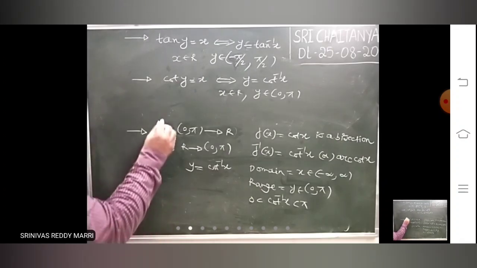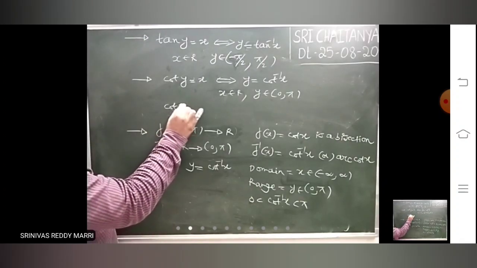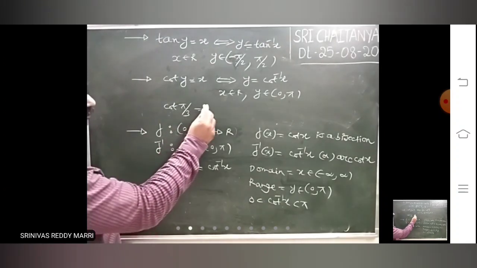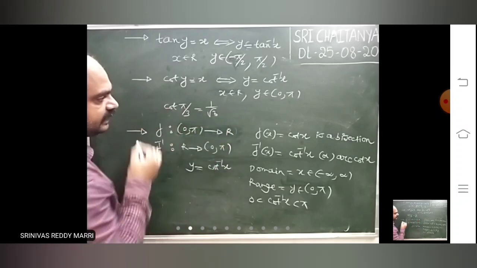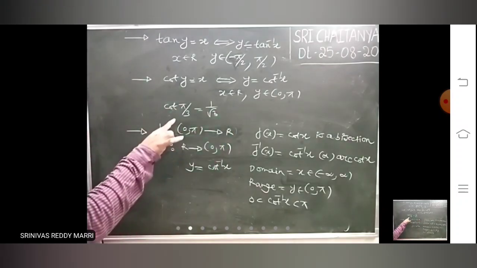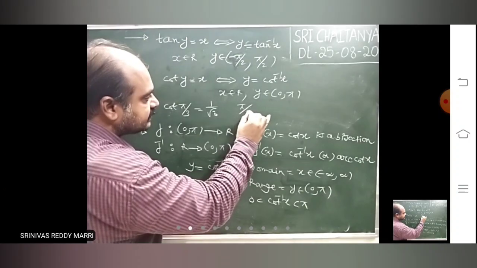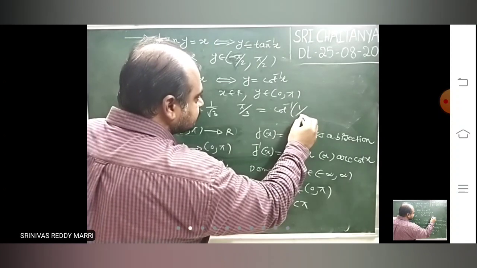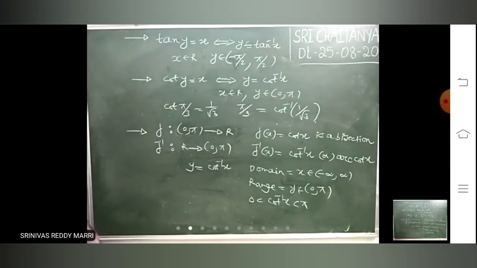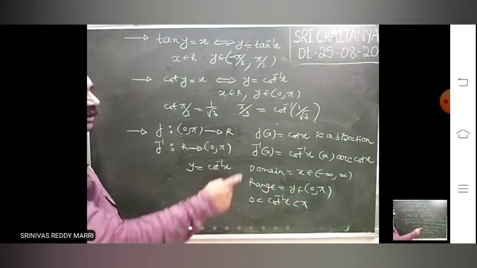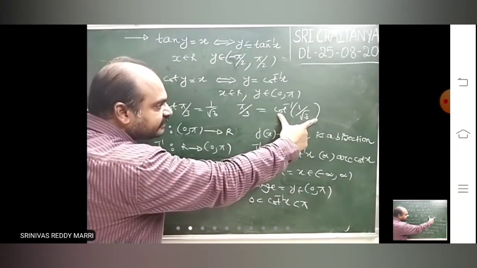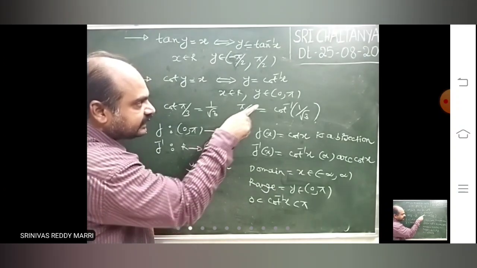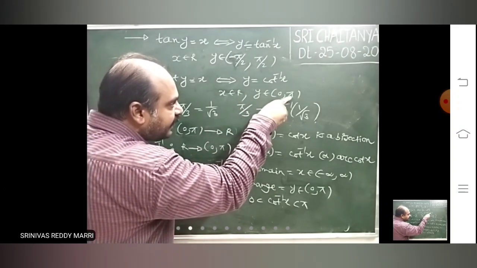Look at an example: cot pi by 3. If you take cot pi by 3, that is cot 60, which is 1 by root 3. That means we can write pi by 3 equals cot inverse 1 by root 3. Look at this cot inverse value: what you got is pi by 3, which lies between 0 and pi.